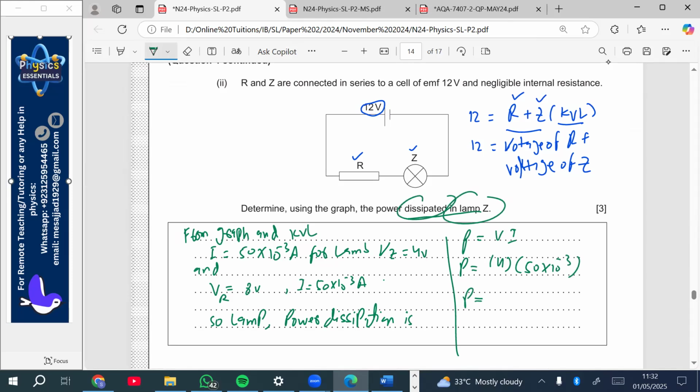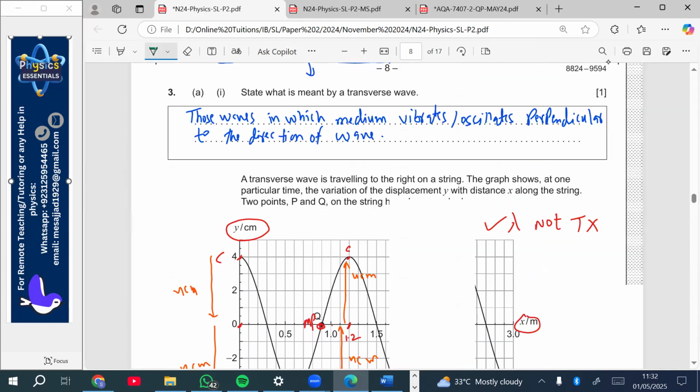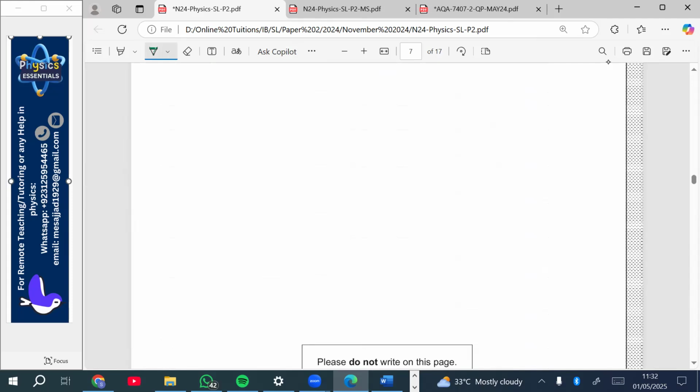From the graph, we have seen that. And the answer is going to be 0.2 watts. Okay.